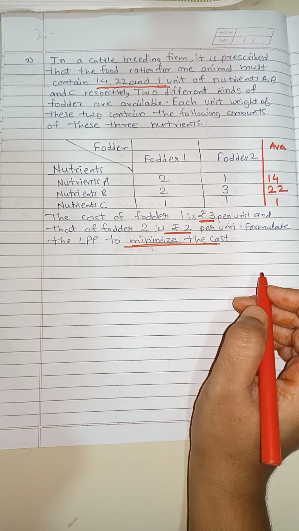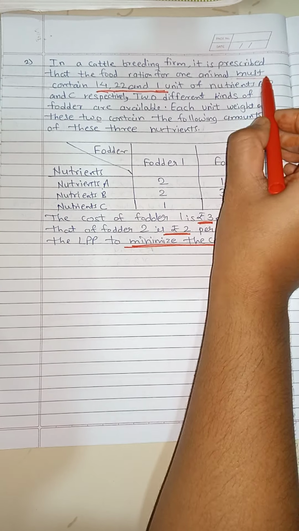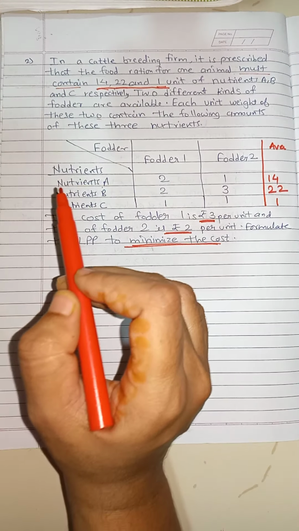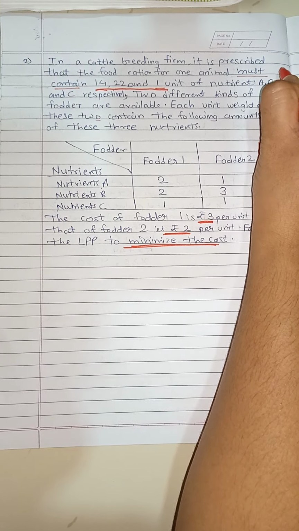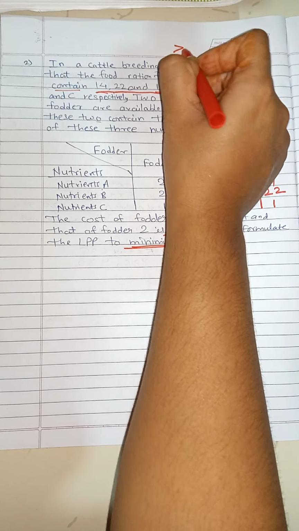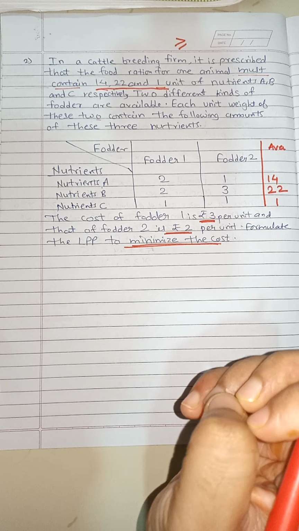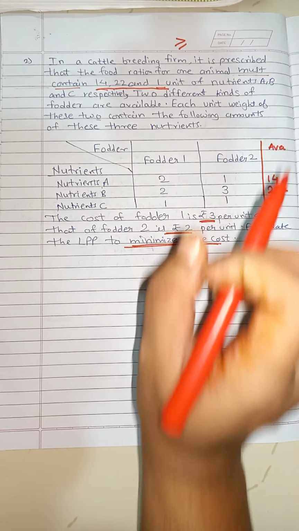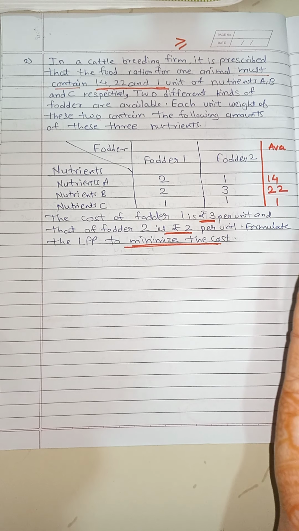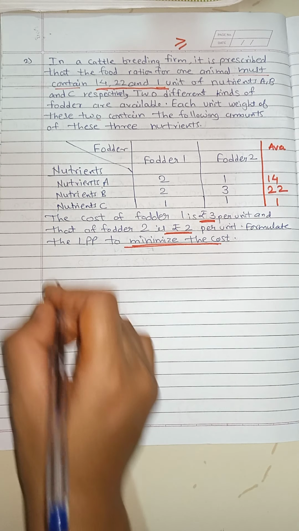In this question, we have to look at the words 'must contain' or 'at least'. When these words come, we use the greater than or equal sign, meaning we have a minimum of 14, 22, 1 units of nutrient. Maximum it can be anything. So with the help of this information we have to write down the solution.